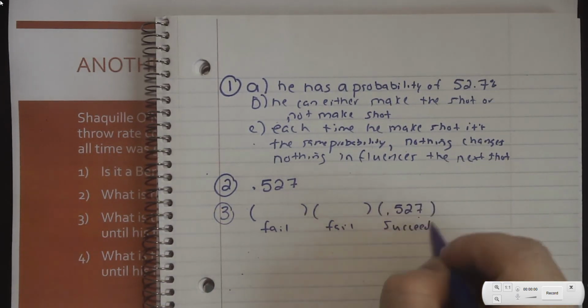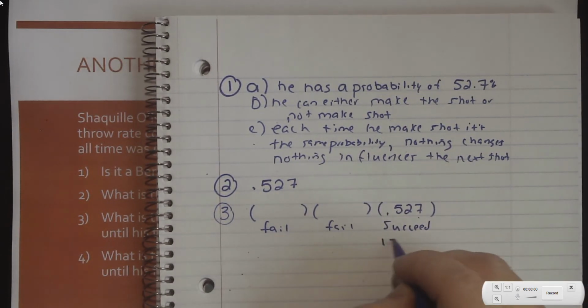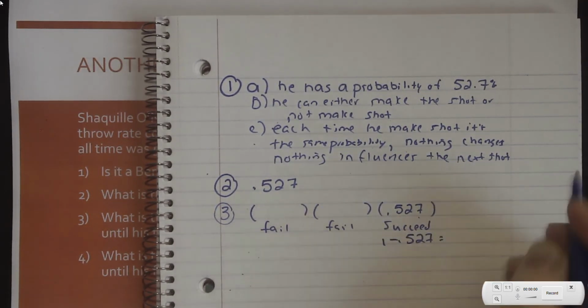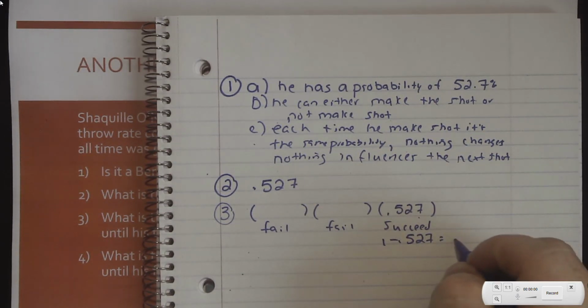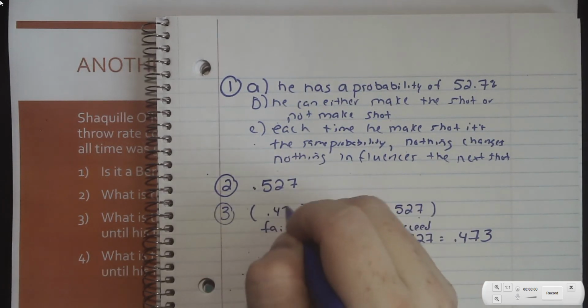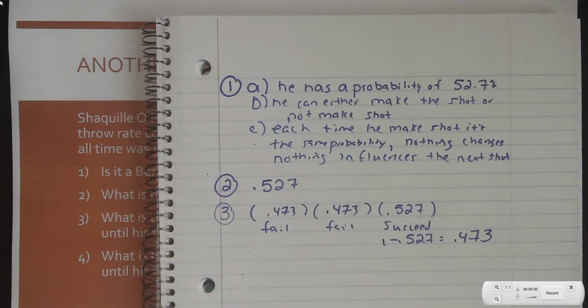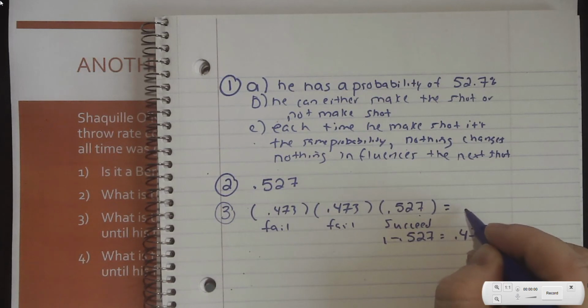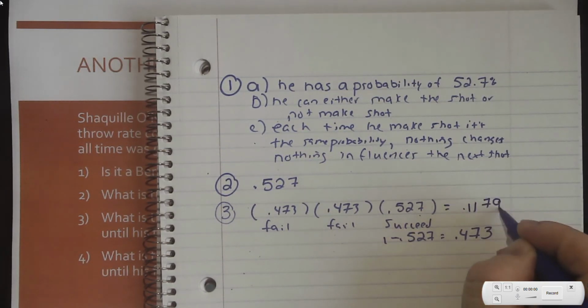So if he succeeds at 0.527, then he's going to fail with 1 minus 0.527, which is 0.473. So both other times it's going to be 0.473. Then I do the quick multiplication, and that gives me 0.1179.